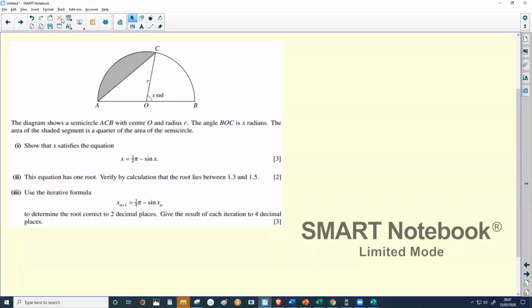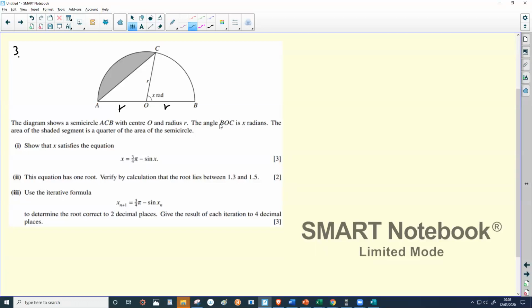Right, let's have a look at number 3 here. So firstly, we have a diagram that shows us a semicircle ACB with center O and radius R. Everywhere I see an R, I just tend to write that on the question so that I am aware of all the information there.